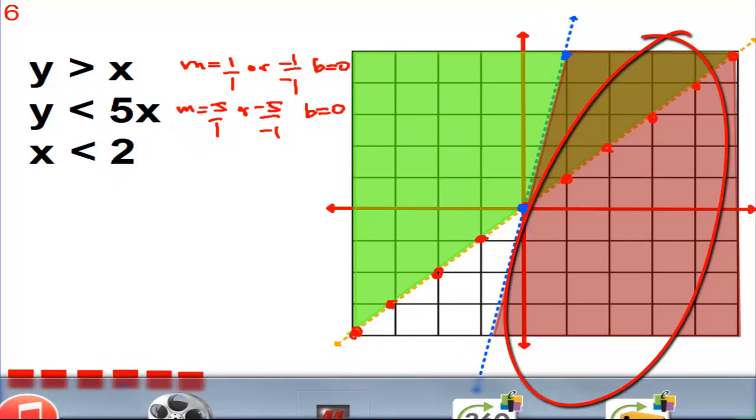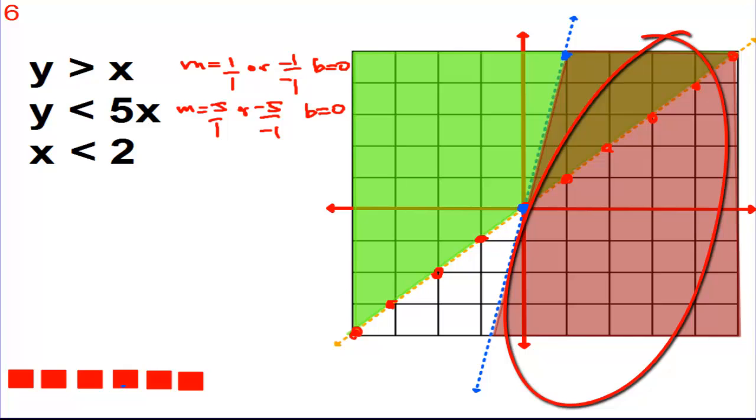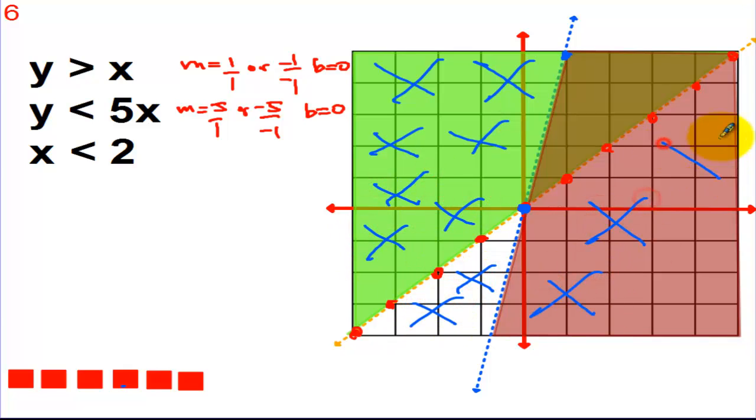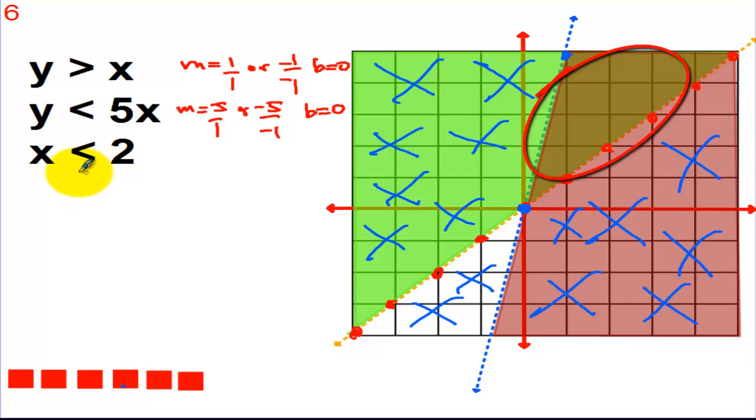Okay, so let's cross out the areas where the 2 inequalities did not overlap. So we don't have any overlapping in here. No overlapping here. Okay. So the 2 inequalities overlap on this area. Now let's include the third inequality. x less than 2.